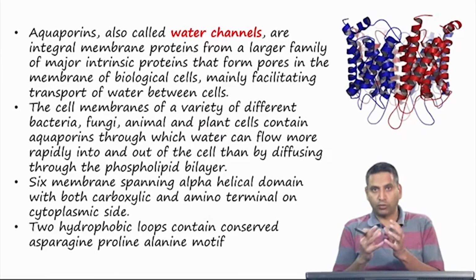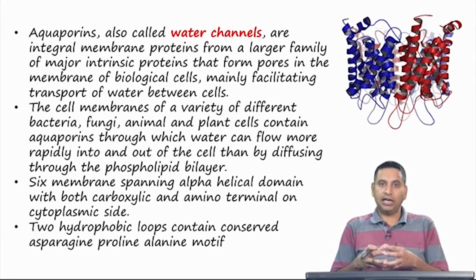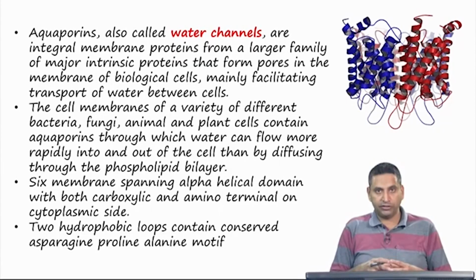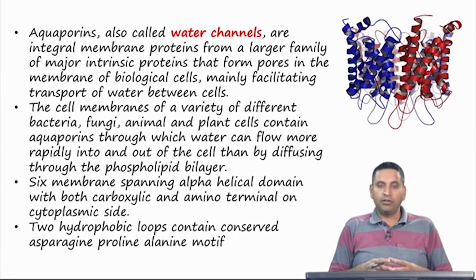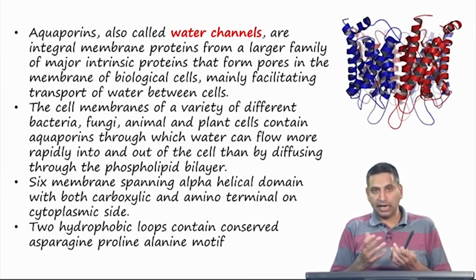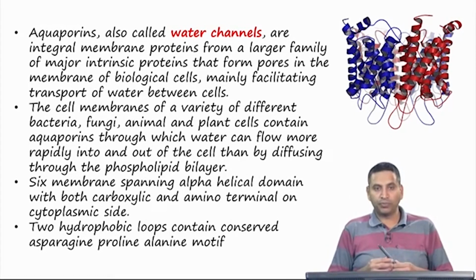Aquaporins, also known as water channels, are integral membrane components, and they form a larger family of major intrinsic proteins that form pores in the membrane of biological cells. The main function of these aquaporins is to facilitate transport of water between cells. The cell membranes of a variety of different bacteria, fungi, animals and plant cells contain aquaporins through which water can flow.